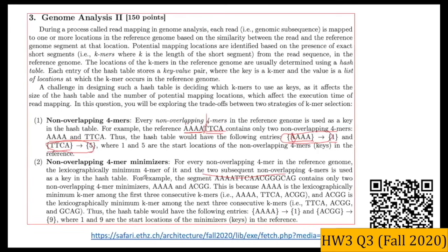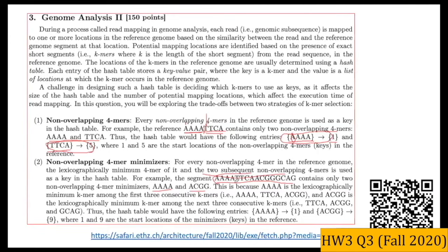Here's an example. This segment contains only 2 non-overlapping k-mer minimizers. These are the minimizers extracted from this relatively long sequence. Now, how do we calculate them? We extract all non-overlapping k-mers.